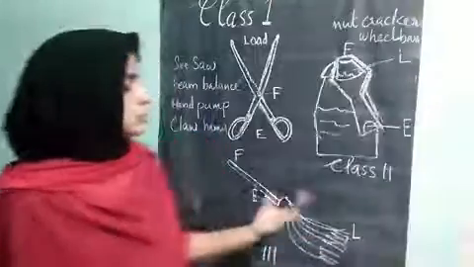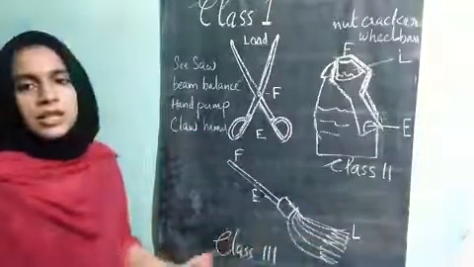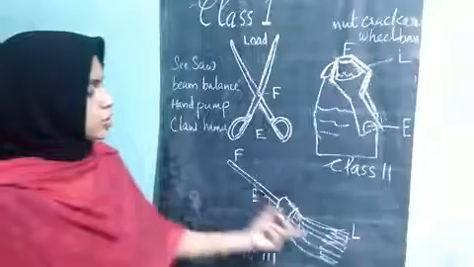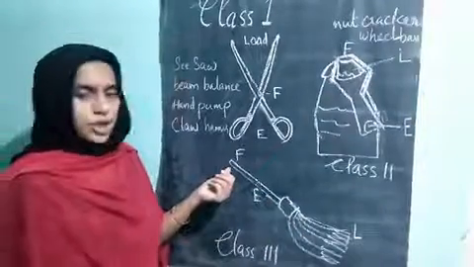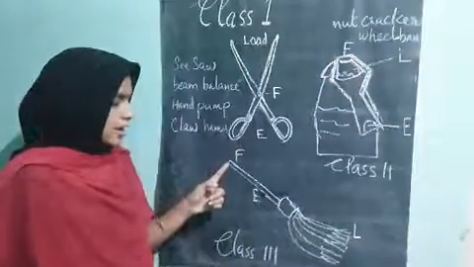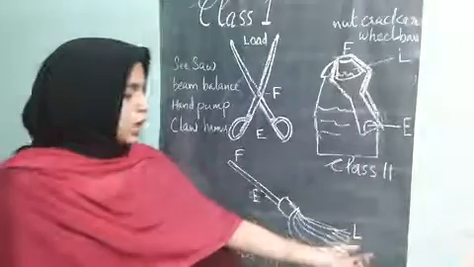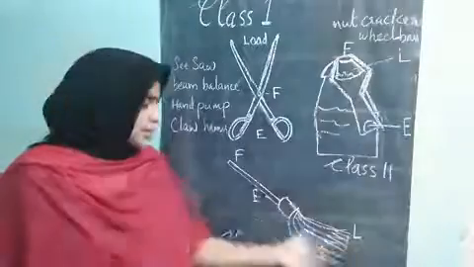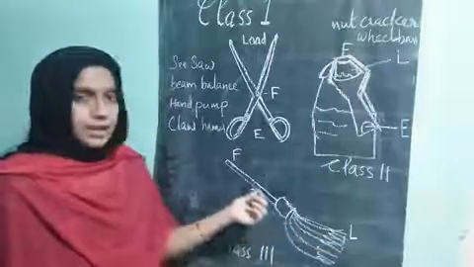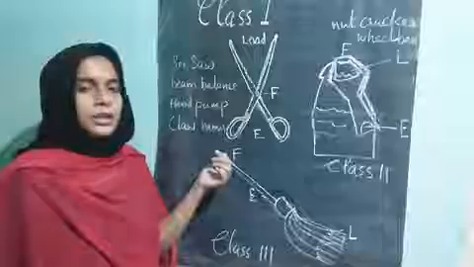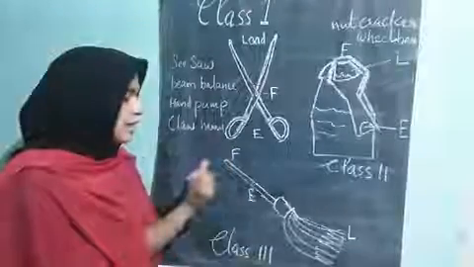Okay. Now come to class 3 lever. You can see the positions. Here it is a broom. You can see F, E and L. So the load will be at this point, effort at this point, and the fulcrum at the end.